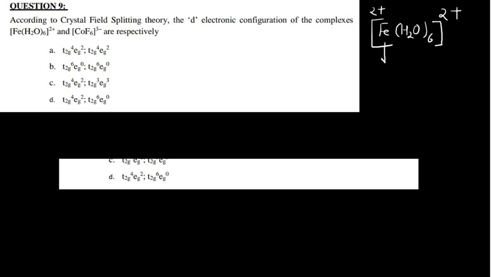When iron is in +2 oxidation state, it means it is a 3d6 system, right? And when the crystal field splitting would occur, this is T2g, sorry, this was Eg, this is T2g, right? And you have to fill the 6 electrons in it. So how will you actually fill these electrons?